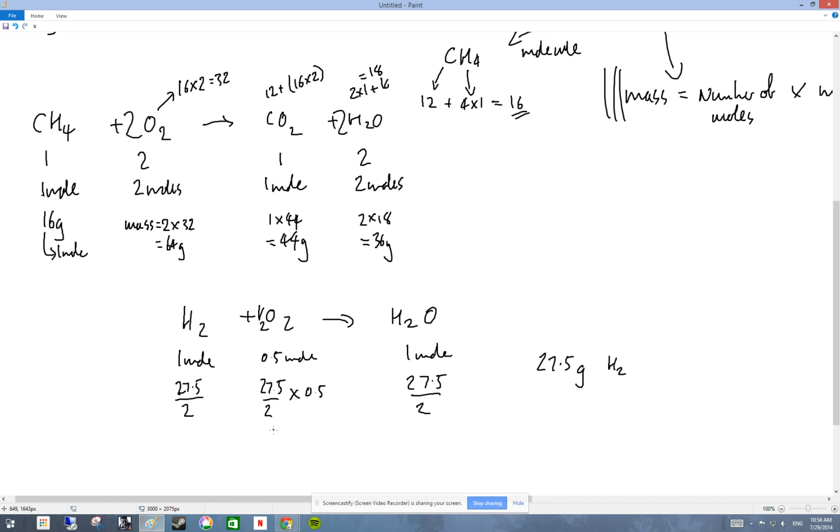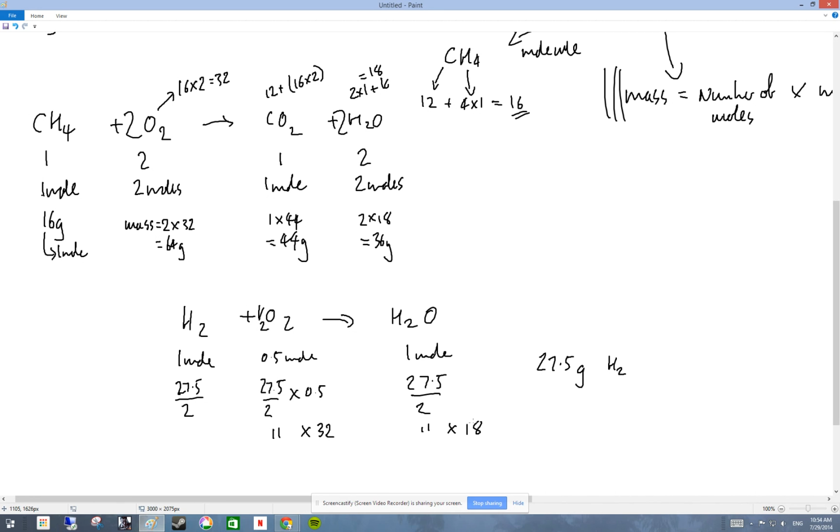So I'd take this and multiply it by the molar mass of, in this case, oxygen. And oxygen has a molar mass of 32. Here I'd take that and multiply it by the molar mass of water, which is 18. Okay. Now this one, I think I'm going to struggle to do in my head, so I'll have a go on a calculator.